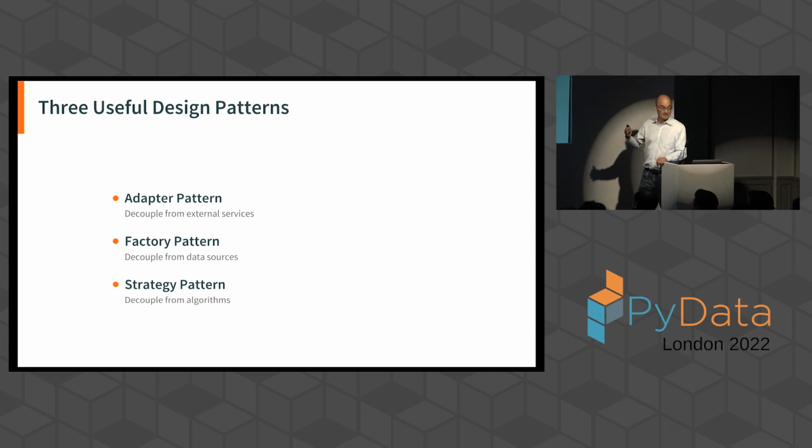The factory pattern allows you to decouple from data sources, and the strategy pattern allows you to decouple yourself from algorithmic decisions, which is particularly important in machine learning because usually you experiment with different algorithmic decisions, and you still need to maintain some kind of coherence in your solutions and not rewrite your entire code base for every problem you do.